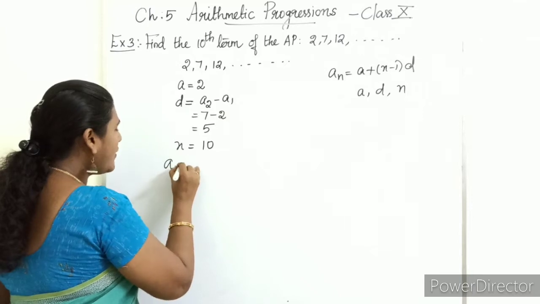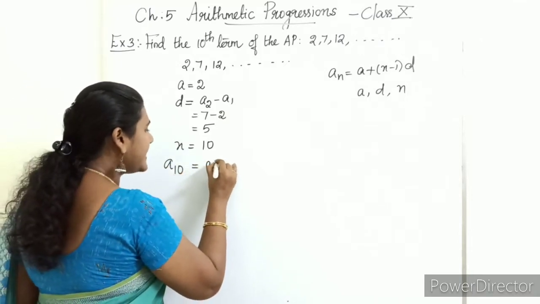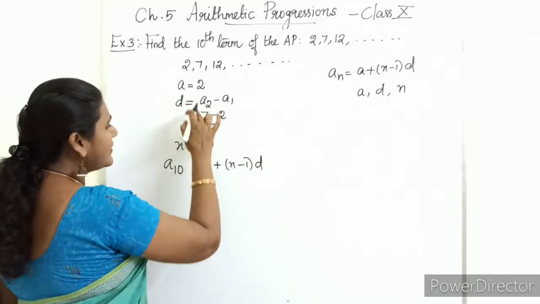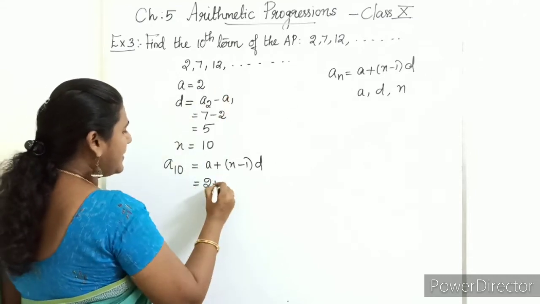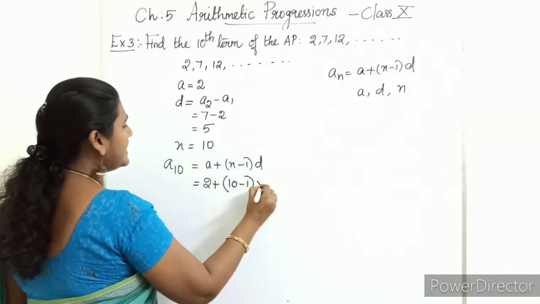Now we will find a10. The 10th term means a10 we have to find, that is a plus (n minus 1) into d. We will substitute these values: a is equal to 2 plus (10 minus 1) into d, which is 5.